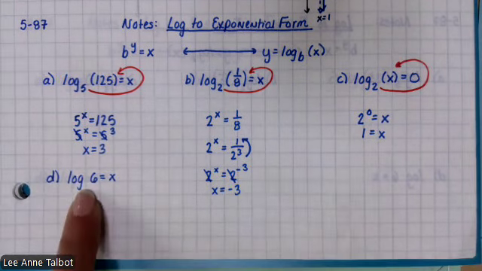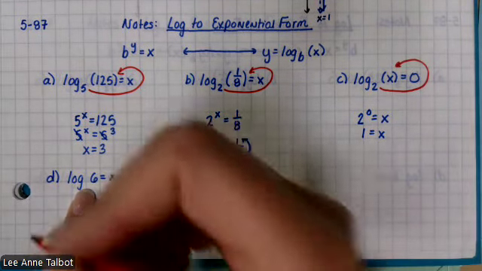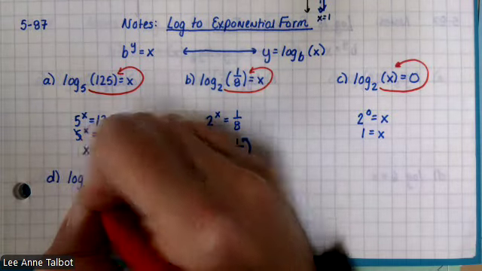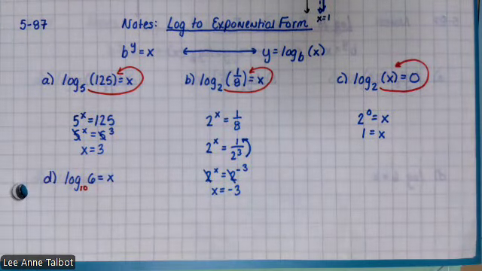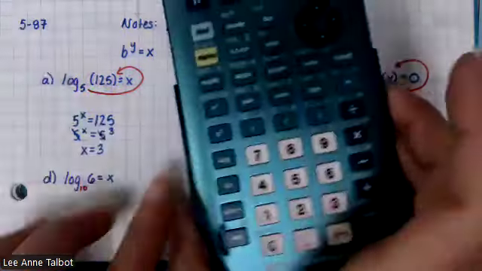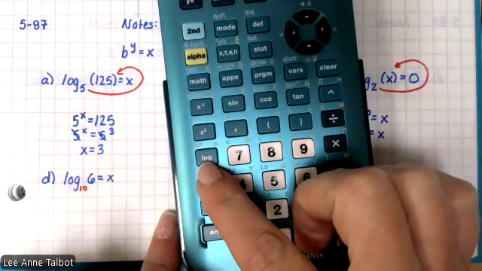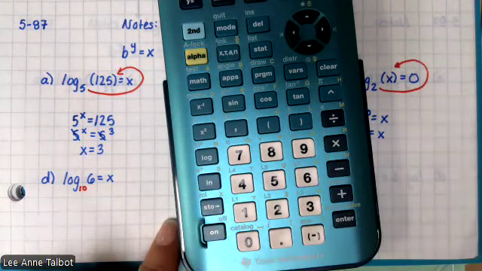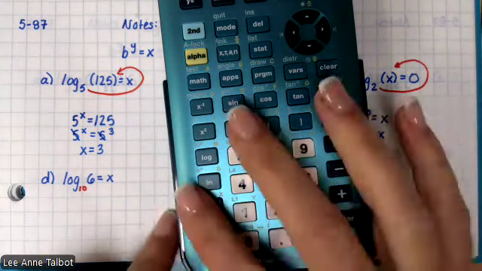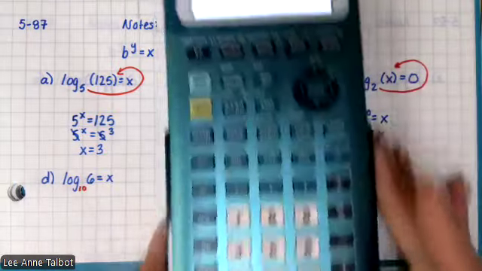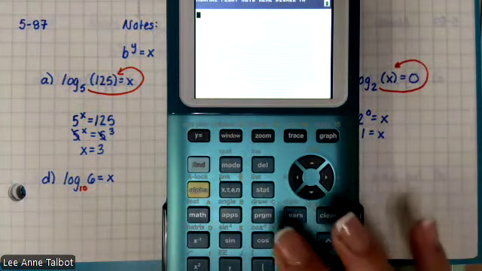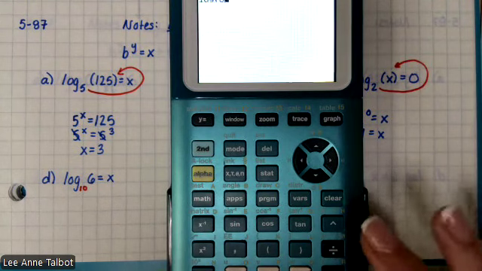So whenever you have this spot, nothing's there, put a little baby 10 there. And the reason is because you have 10 fingers, and that's the most common one. So the most common one is base 10, and it also has its very own button on the calculator. This button is base 10 log. So you guys can actually go on the calculator for this one and just do log 6.